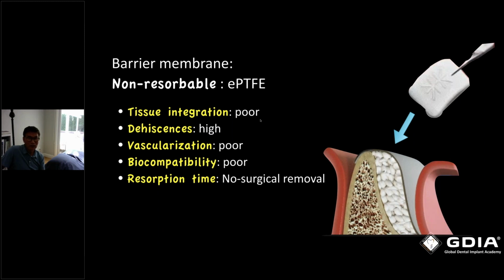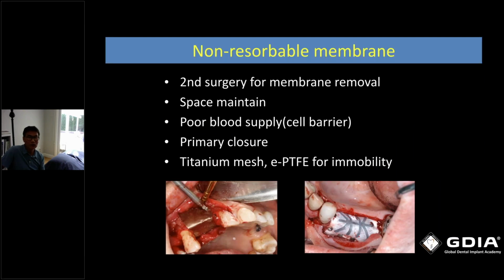I still like the membrane in some cases, and this is a case I used a lot a long time ago with the PTFE membrane. Obviously, tissue integration is poor, vascularization is poor, and biocompatibility is poor. The resorption time, obviously, you have to do a second surgery. So it's a more invasive way, but once you succeed, you get a great condition.